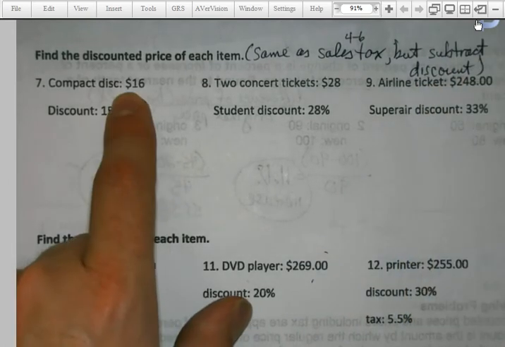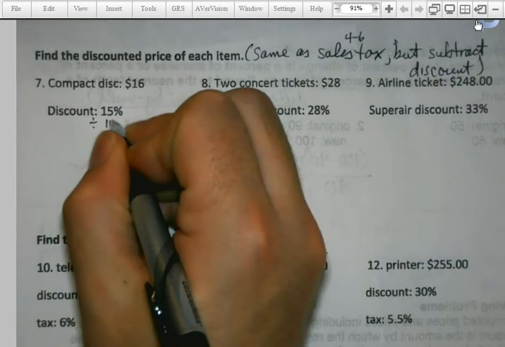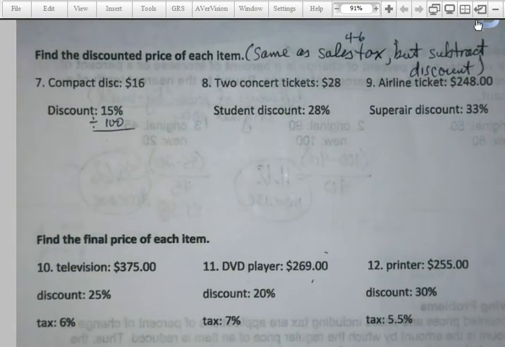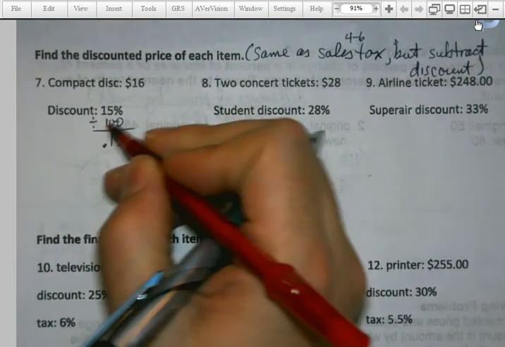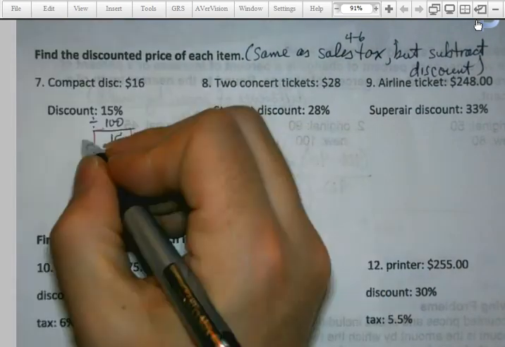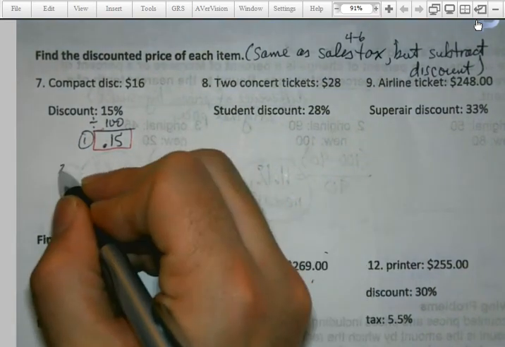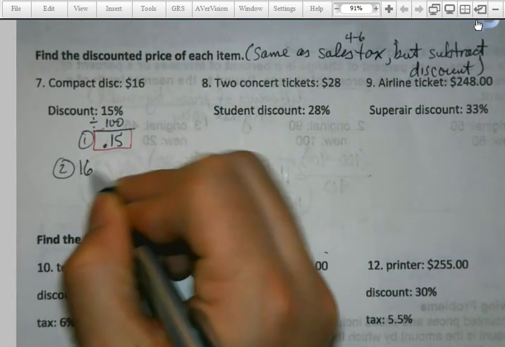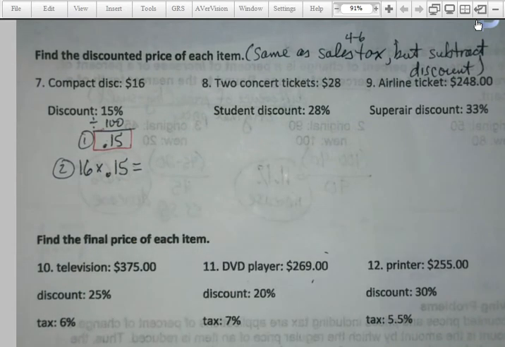So for instance, on number 7, I'm still going to divide that discount percentage by 100 to get me a decimal. That's my first step. I'm still going to take how much the item costs times that decimal.